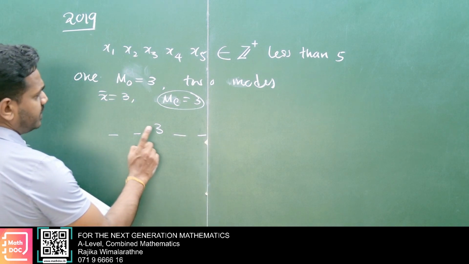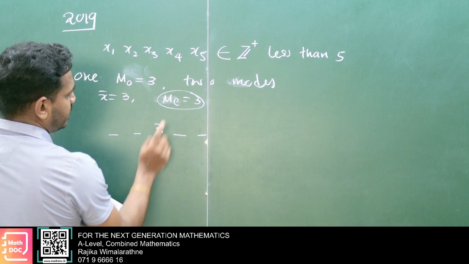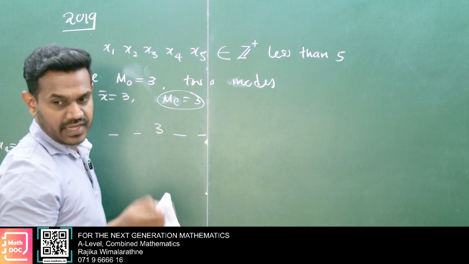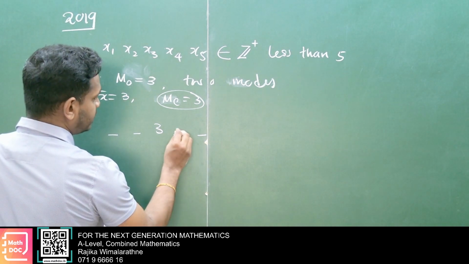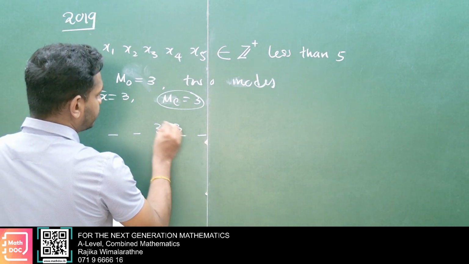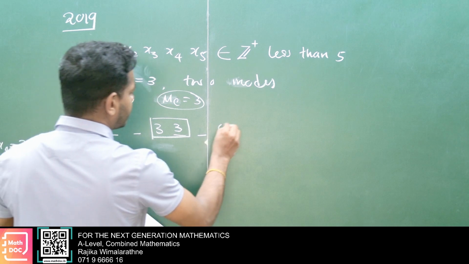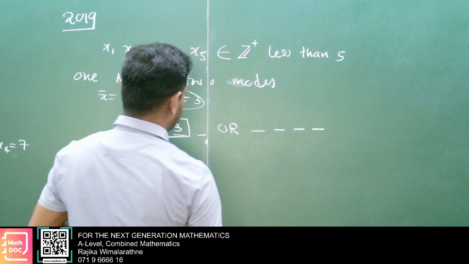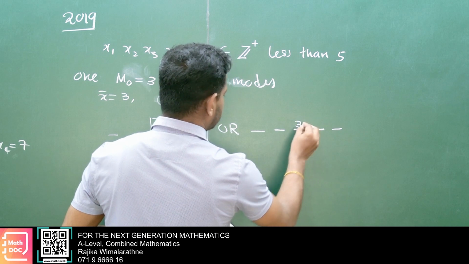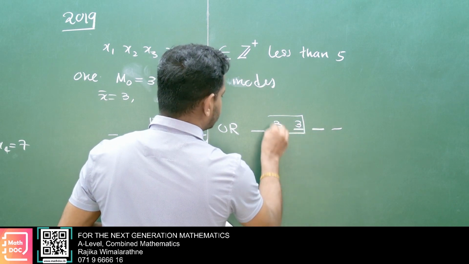Since the mode is 3, there will definitely be two 3 values. That can be on the right side, or here, 1 3 3. These two are possible.